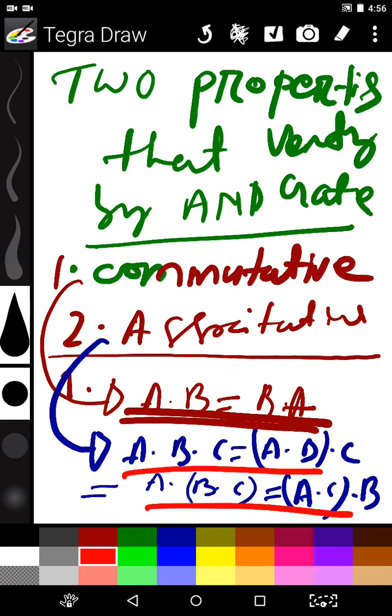Both properties are verified by the AND gate.